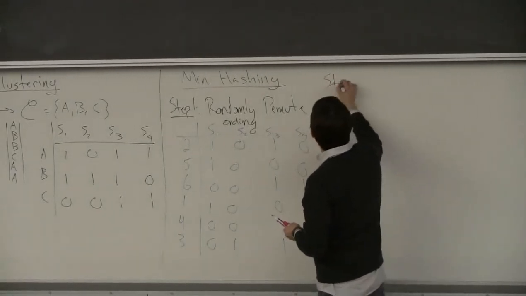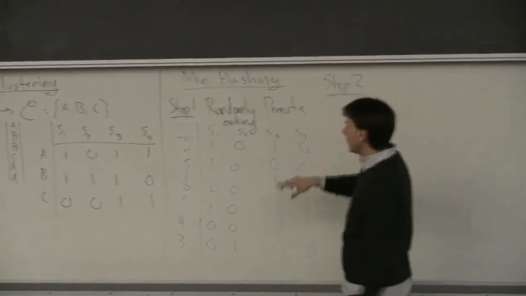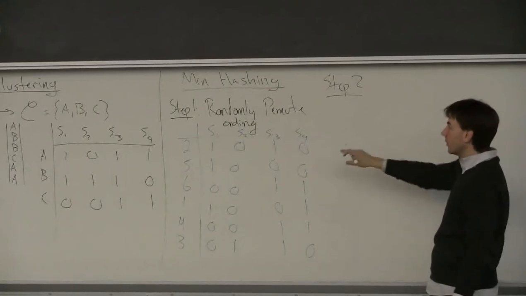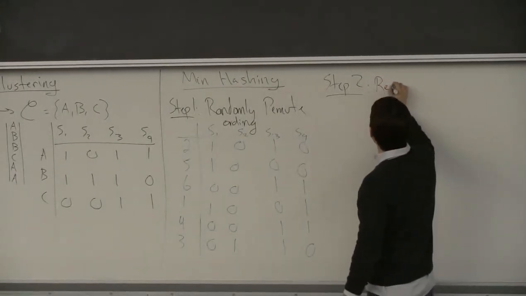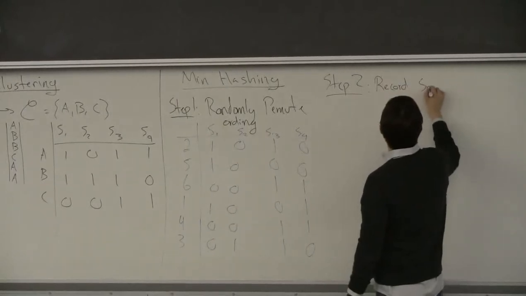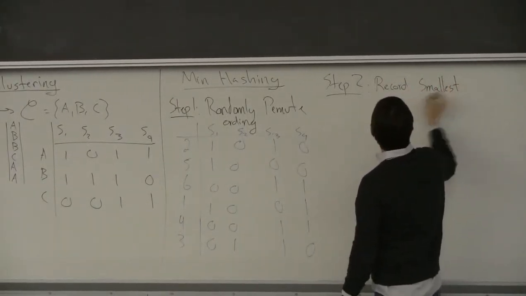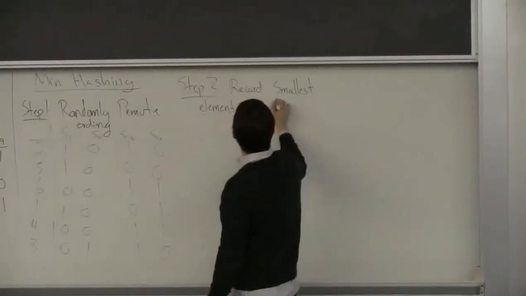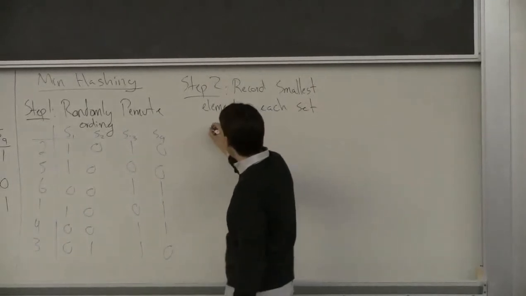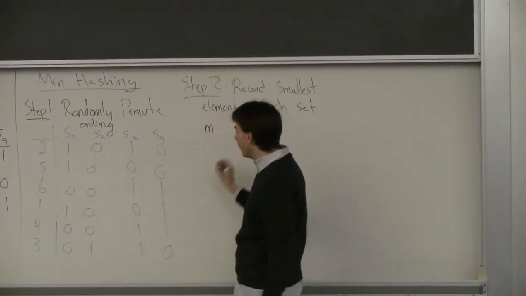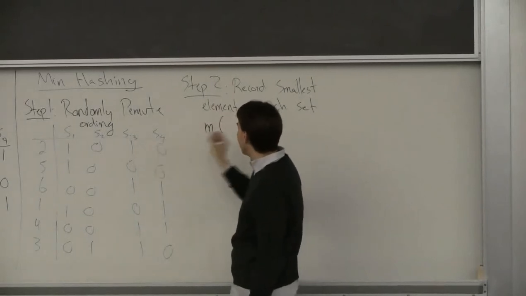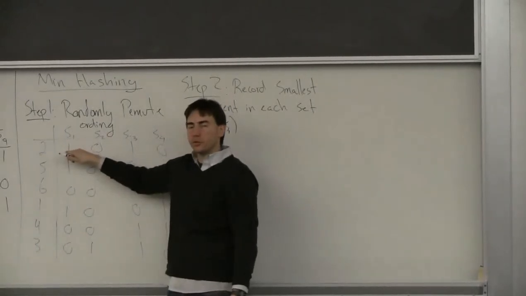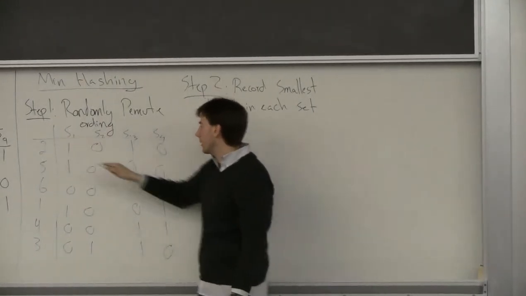Okay, then step 2, I'll record the smallest element in each set. Now I'm going to have a vector m, or a function m, which is going to go from the set number to whichever element has the smallest, which is actually in the set. So M of S1 is going to give me a value of 2.